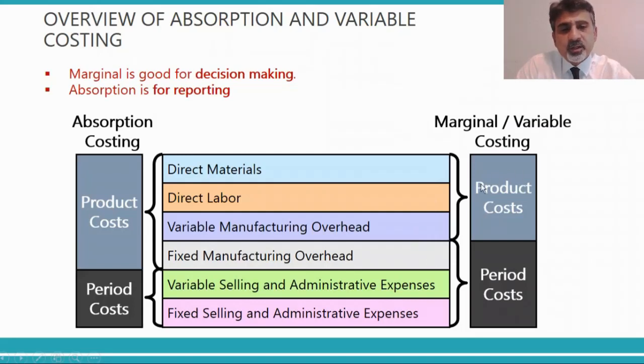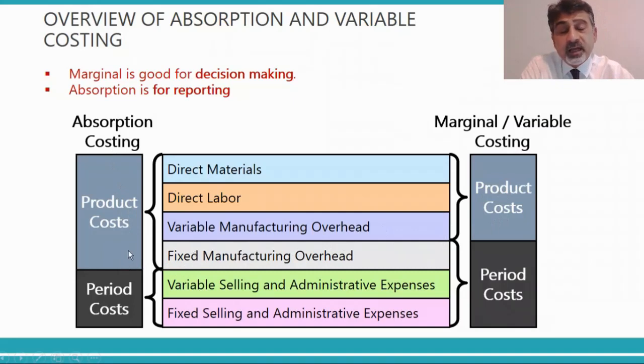So the product cost under marginal costing, which is also called variable costing, includes only three elements, and these three are variable costs. Fixed costs are not added into the product cost. In absorption costing, fixed costs are also added into the cost.